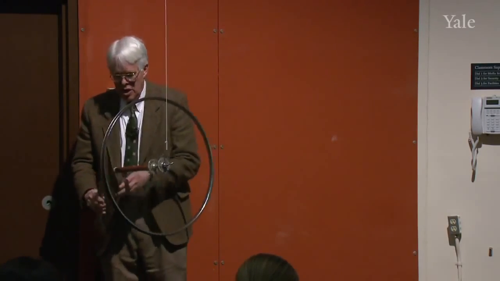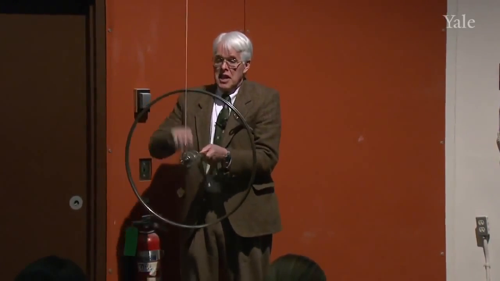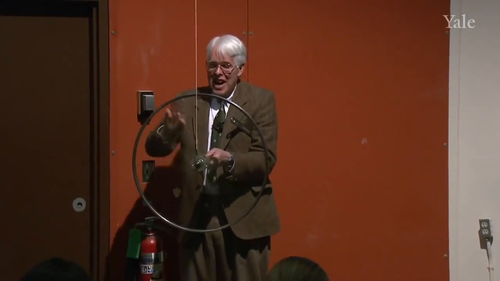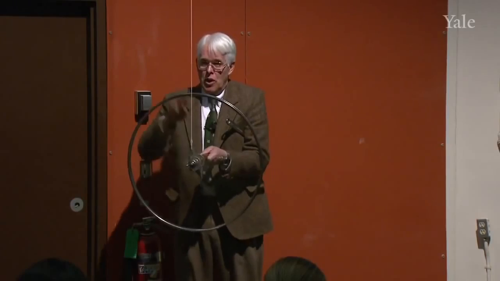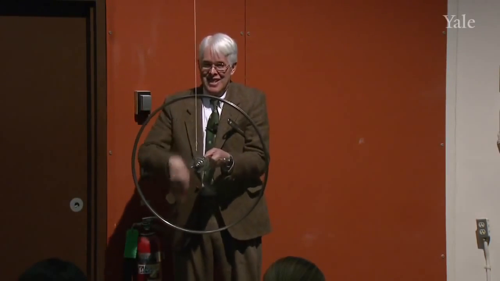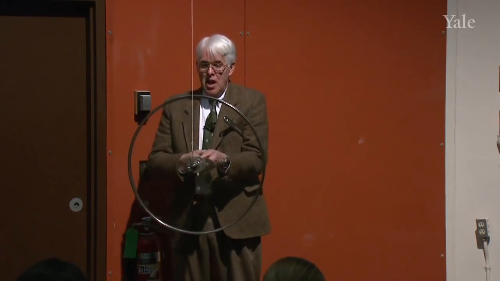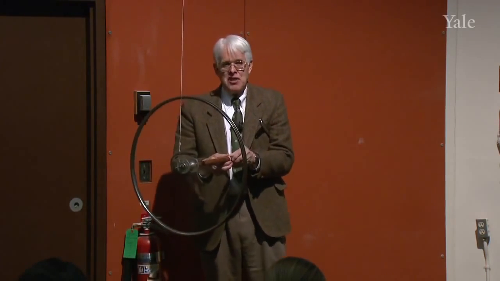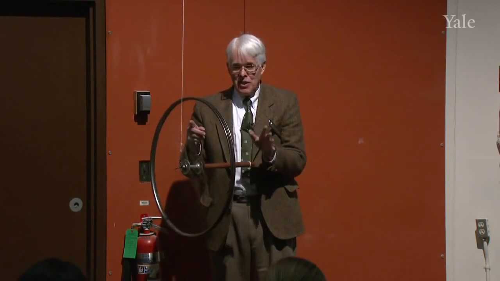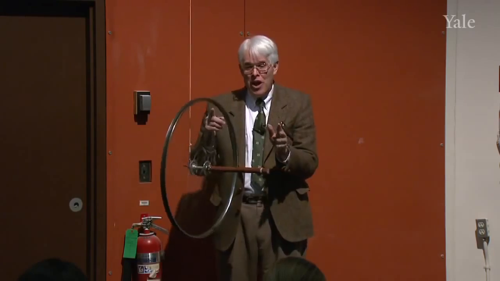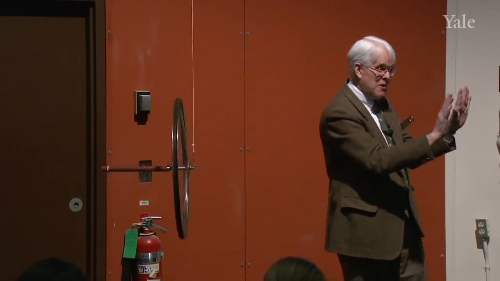Is it going to go faster or slower if I hang it on here? Faster or slower? Let me speed it up again here. Incidentally, that's another question. If I make it spin faster, will it precess faster or slower? It precesses only because it's spinning, right? If it weren't spinning, it wouldn't precess. So suppose I spin faster. Does it go faster or slower? Faster should go faster. No, because the amount of time that we're pushing is shorter if it's spinning faster.